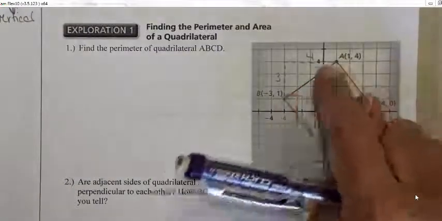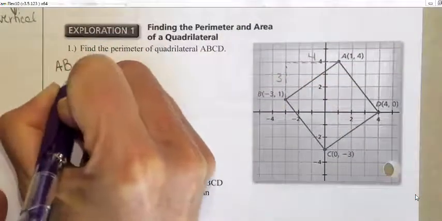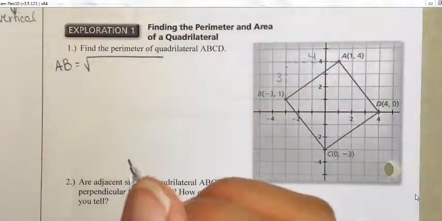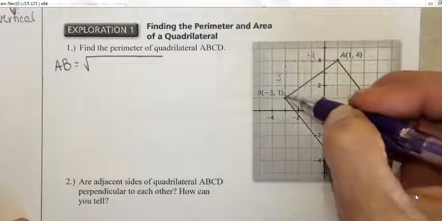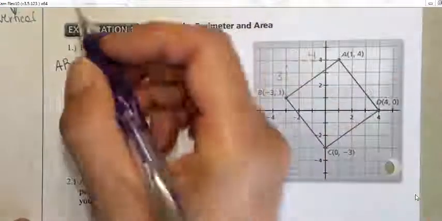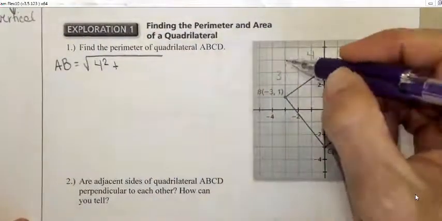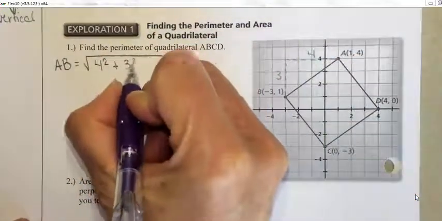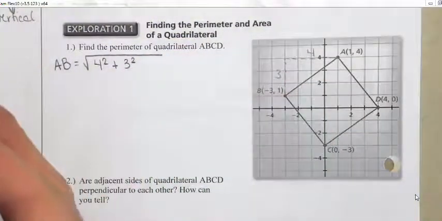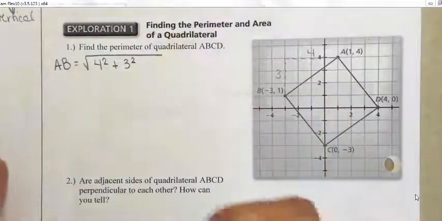And so now I can find that hypotenuse, or AB, pretty quickly. I can kind of skip the x2 minus x1, right? So again, if I were to do the difference between the x's, it's just 4. So it's 4 squared plus, and if I was to do the difference in the y's, it's just 3. Really what I've done here is I've kind of combined the Pythagorean theorem and the distance formula, which again, are the exact same thing.